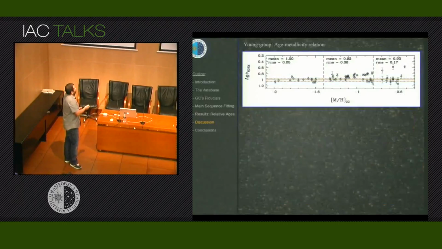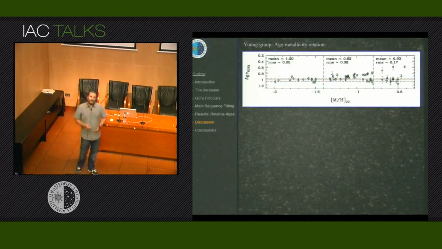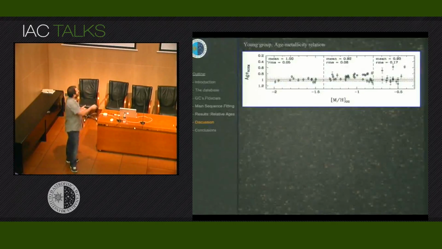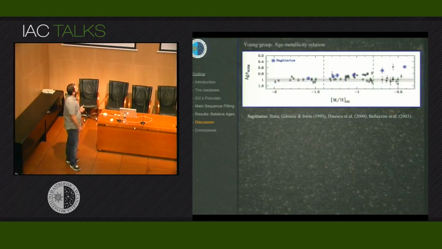Let's move a little bit and focus on this young branch of globular clusters, and pay attention to its age-metallicity relation. Apparently there is a second branch. Let me overplot the globular clusters that are associated with the Sagittarius dwarf galaxy, and all of them populate this young branch.